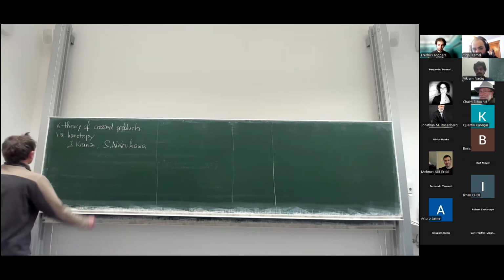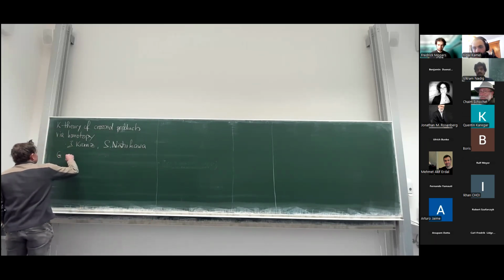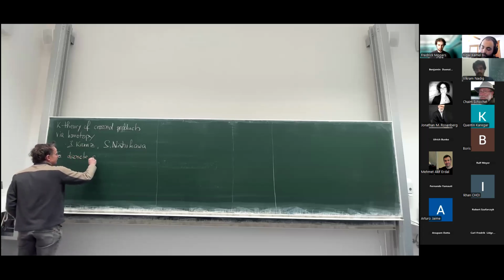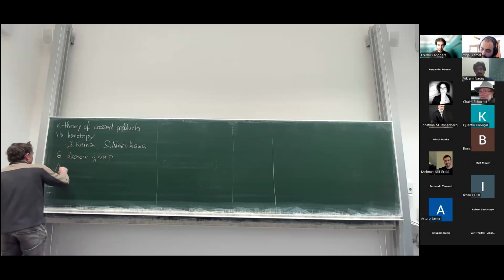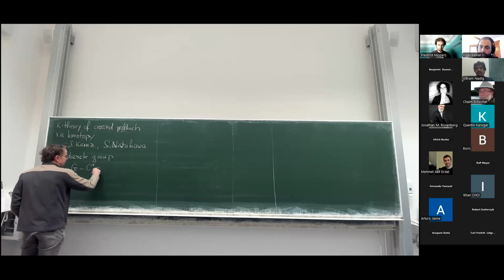So what is the problem? G in this talk is always a discrete group, and A is a G C-star algebra.